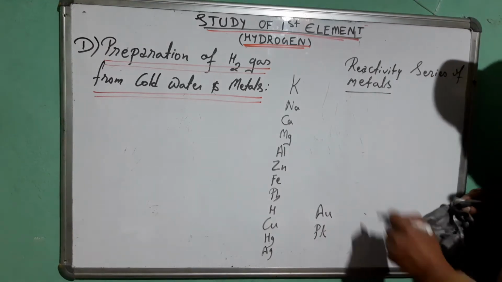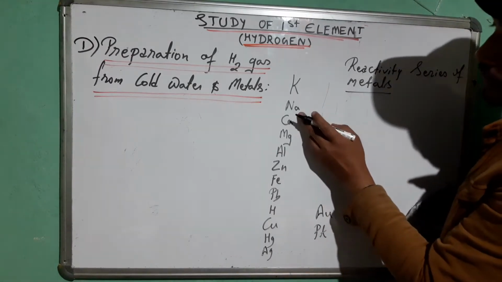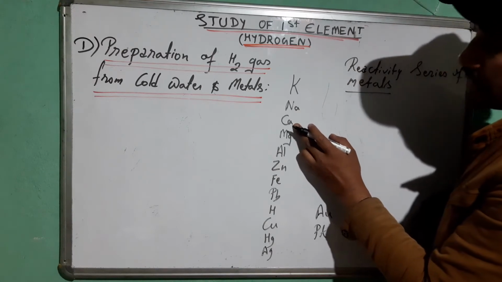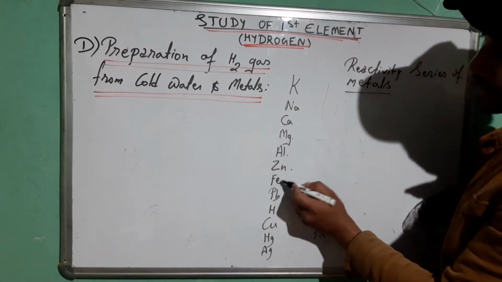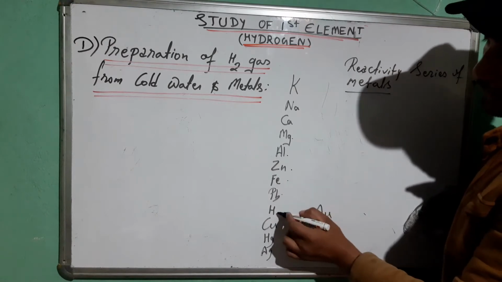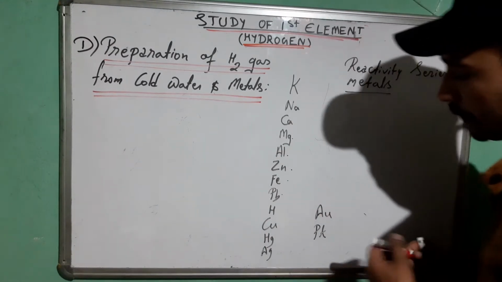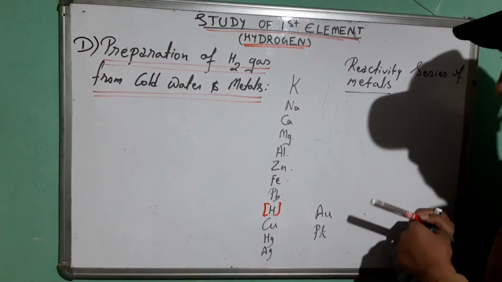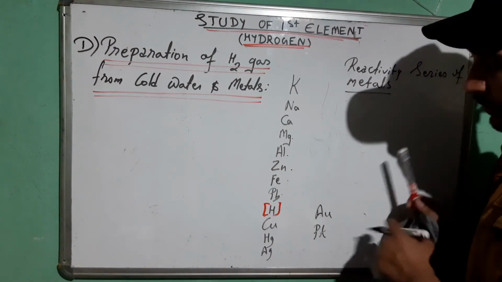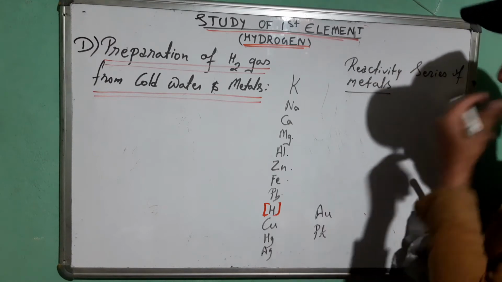So first is potassium, below that sodium, below that calcium, Ca calcium, after that Mg magnesium, Al aluminium, Zn zinc, Fe iron, Pb lead, H is hydrogen. H stands for hydrogen. After that copper, Cu stands for copper, Hg stands for mercury.